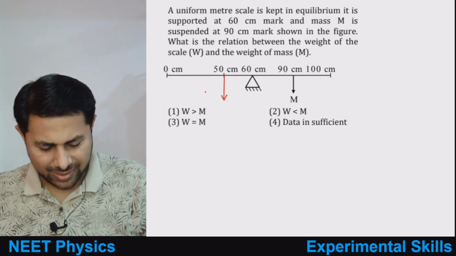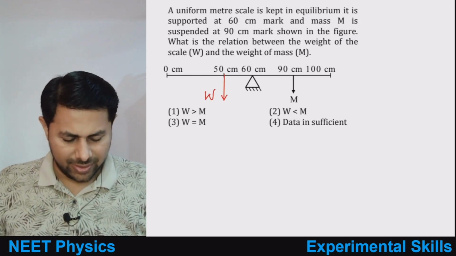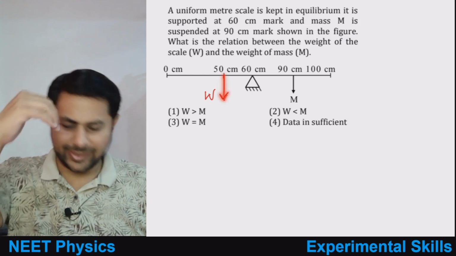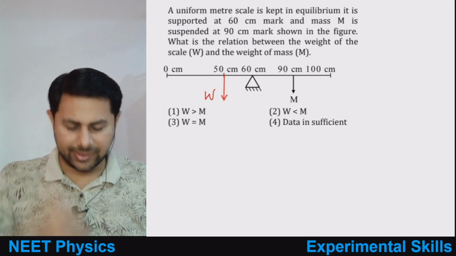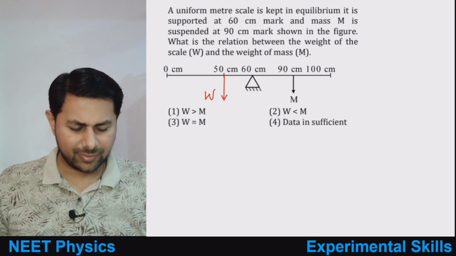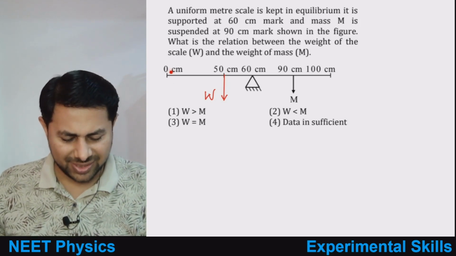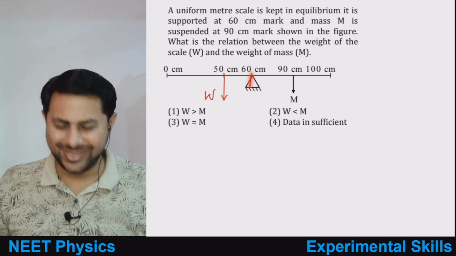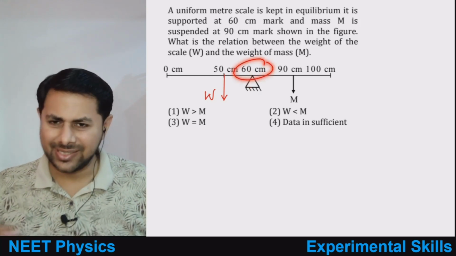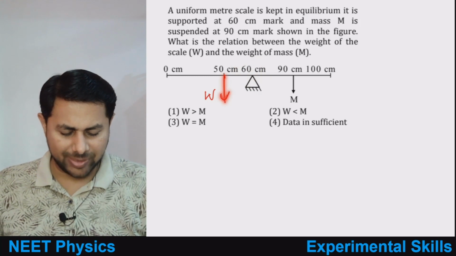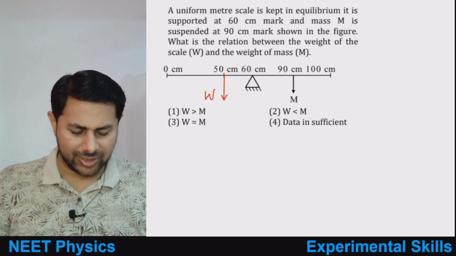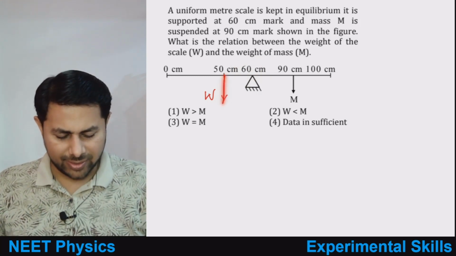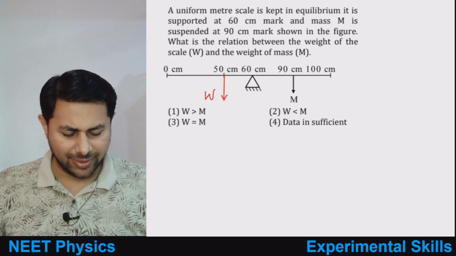Sorry, the weight of the scale acts at the midpoint. Now this is a weird scale, it seems like this should be the midpoint. Anyways, they have marked it 60 centimeters, no problem. So the weight of the scale will be acting downwards from the midpoint.